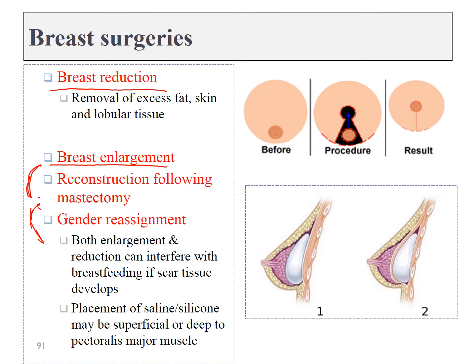In these cases, a plastic bag full of silicone or saline can be placed under the existing glandular tissue in the case of breast enlargement surgeries. But if that glandular tissue does not exist or no longer exists, then the bag can be placed under the pectoralis muscle, keeping it as far away from the surface of the breast as possible.